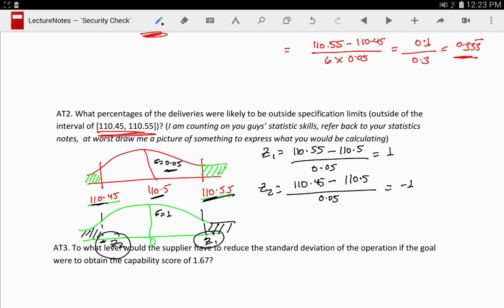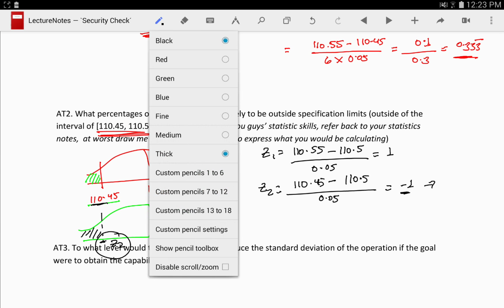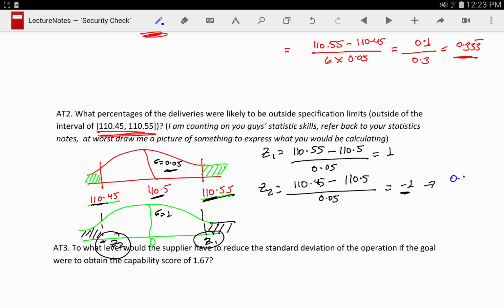If you go to the normal distribution, you will find that the value left of -1, the percentage equivalent to this Z, is 0.1587. So that is what is on this part.